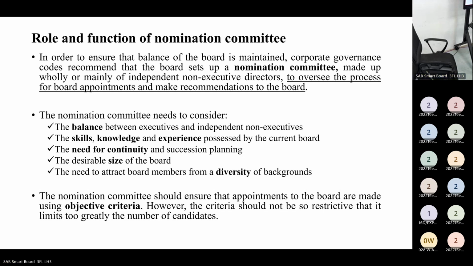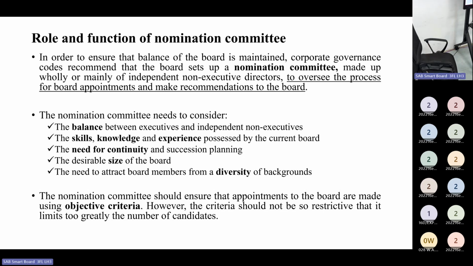Right? The nomination committee should ensure that appointments to the board are made using objective criteria. Any idea what objective criteria means? What do you feel?